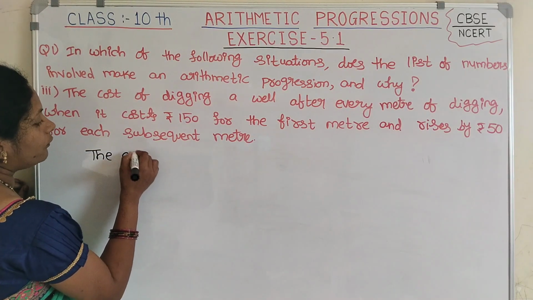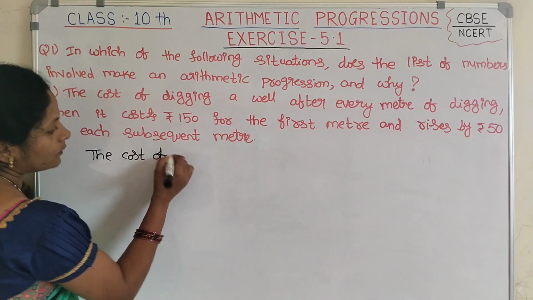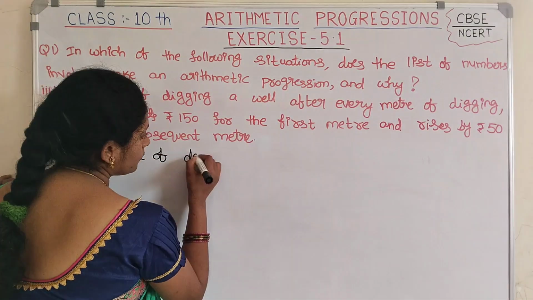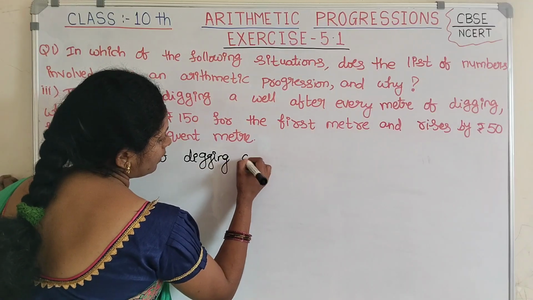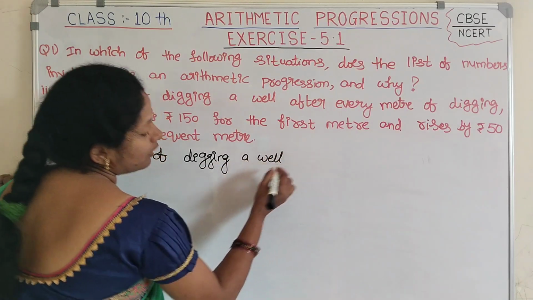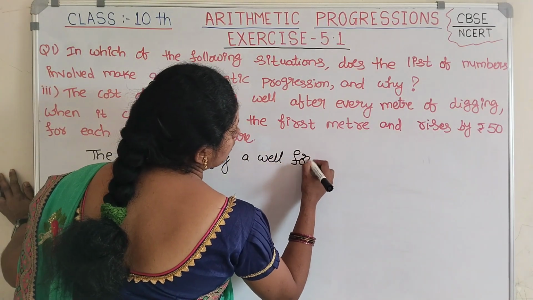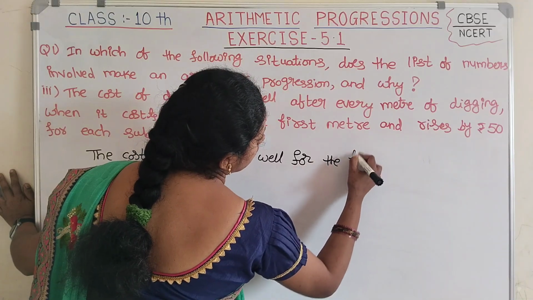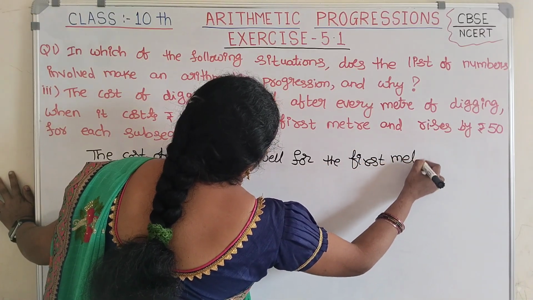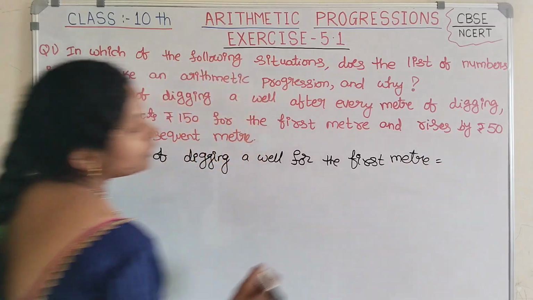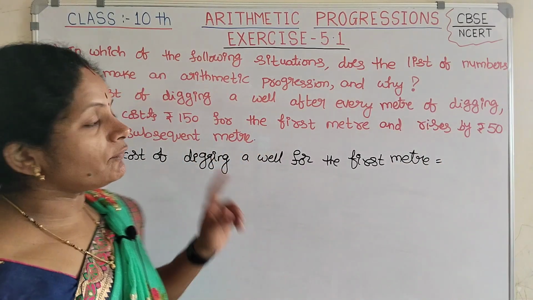The cost of digging a well for the first meter is equal to 150 rupees.